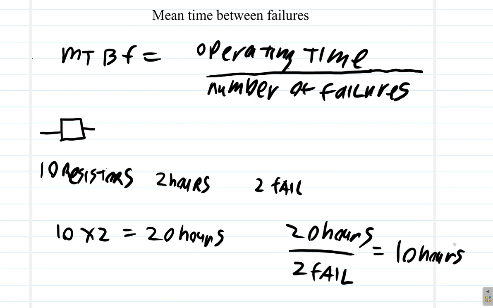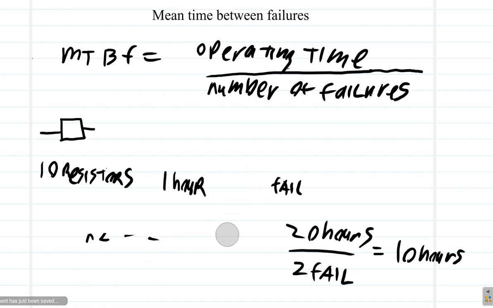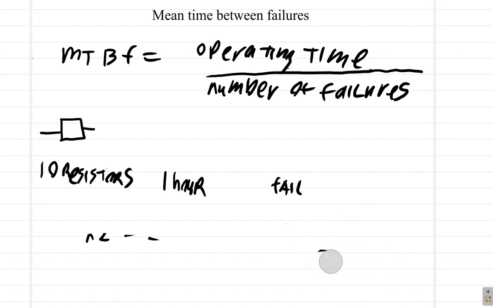Suppose you tested them for 1 hour, 10 of them for 1 hour. Then let's look at the calculation. 10 resistors tested for 1 hour. And let's say 1 of them failed. Only 1 failed. What's the mean time between failures?